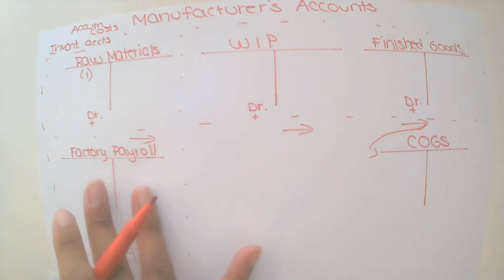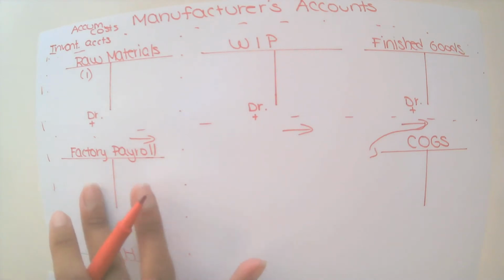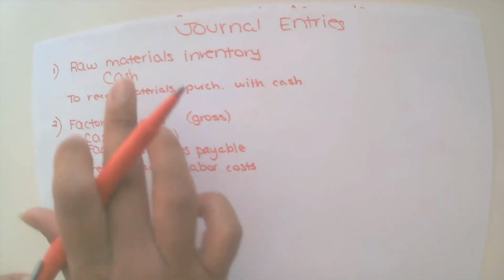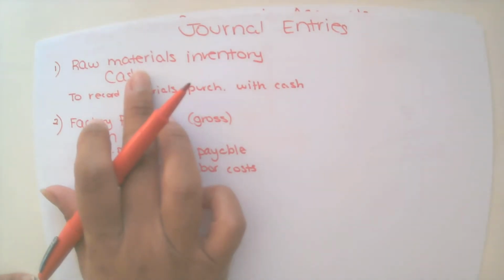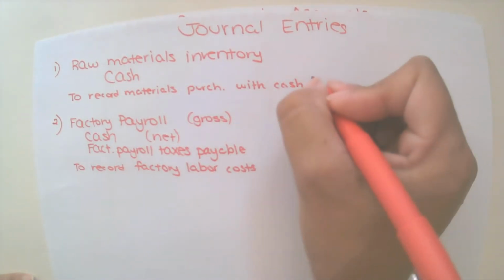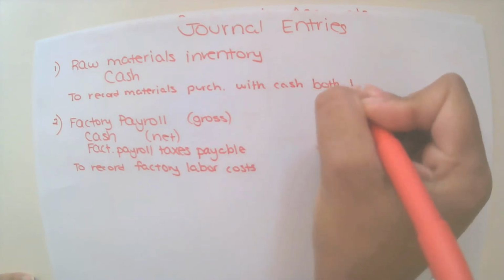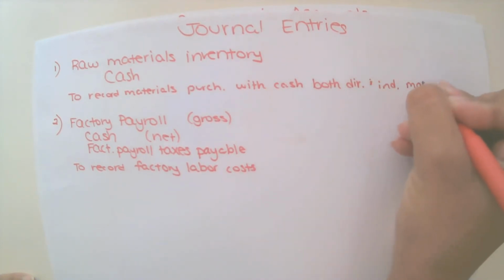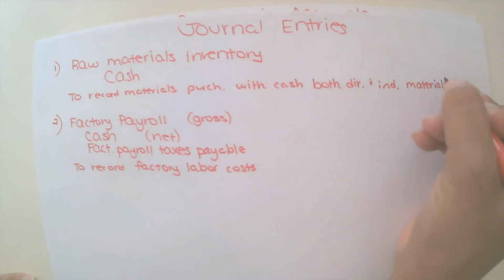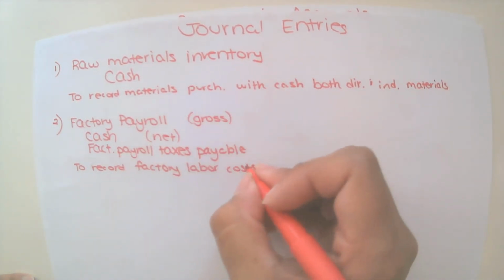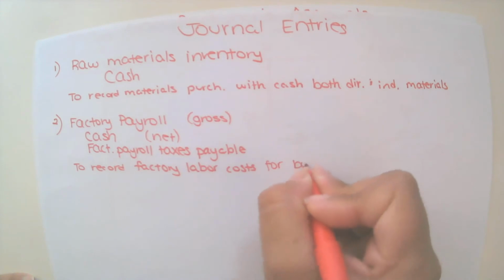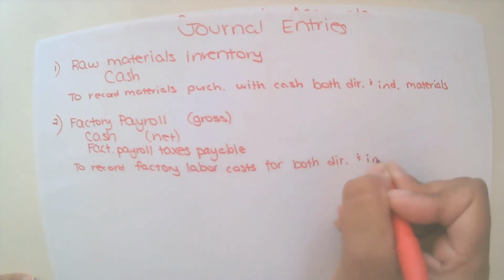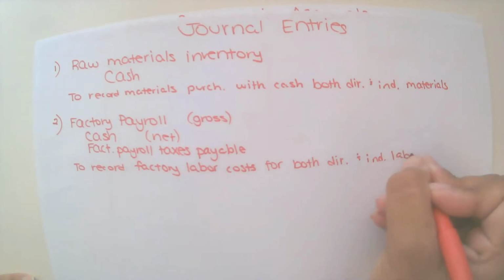Factory payroll again accumulates both direct and indirect labor costs. So therefore this journal entry is for both direct and indirect materials, in case you want to write yourself a note that it might be both. This labor cost might be for both direct and indirect labor. It's not just one.